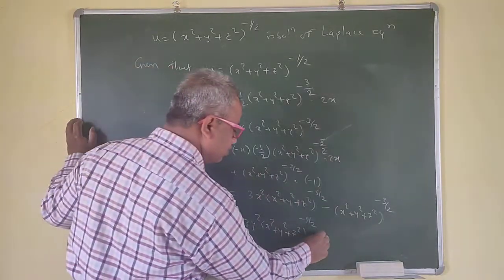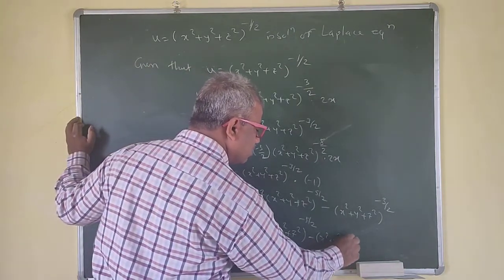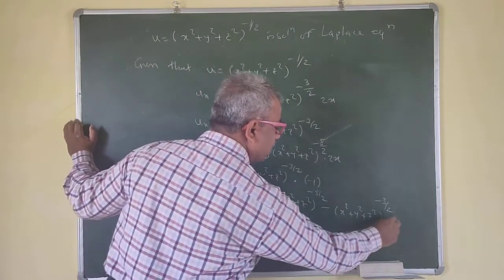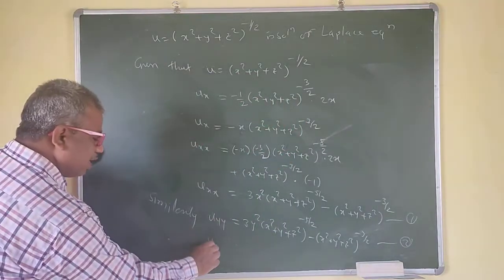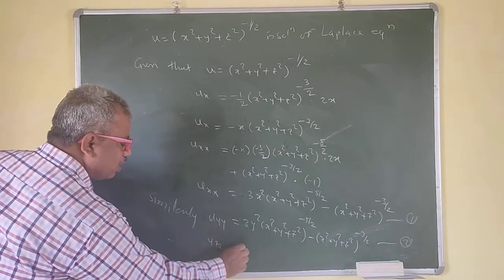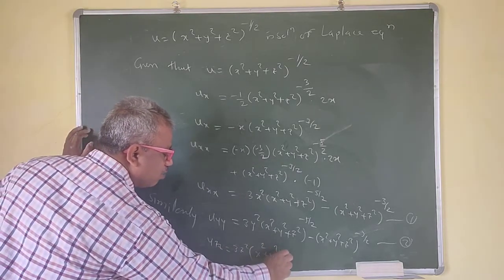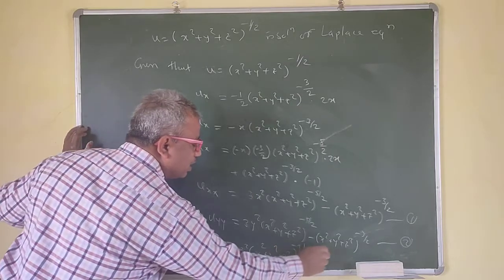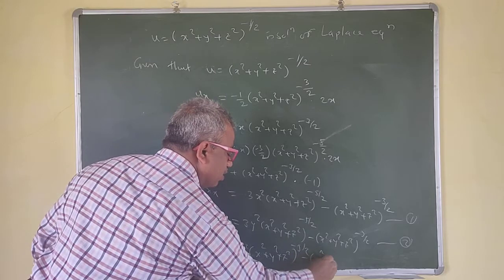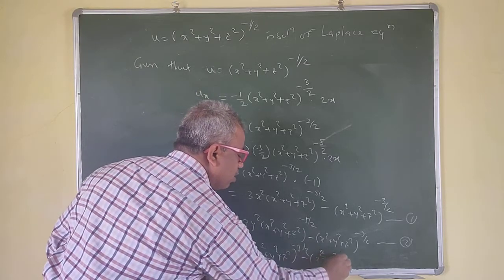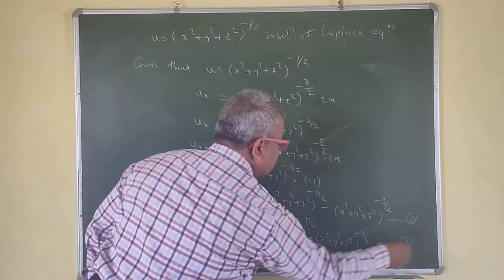So minus (x square plus y square plus z square) to the power minus 3 by 2. We call this as 1. We call this as 2. Similarly, you write uzz is equal to what? 3z square (x square plus y square plus z square) to the power minus 5 by 2 minus (x square plus y square plus z square) to the power minus 3 by 2. We call this as 3.